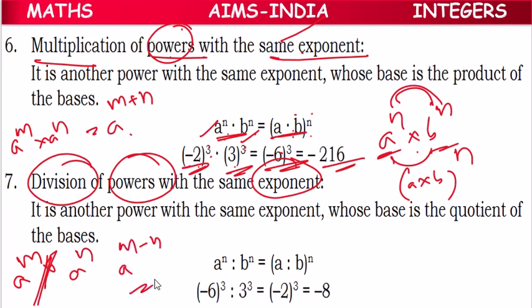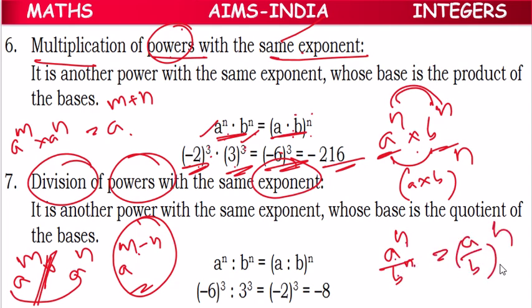When they have same base, we can write like this. But when they have same power, a power n by b power n, we can write it as the common power, a by b whole power n. Like that we can write.